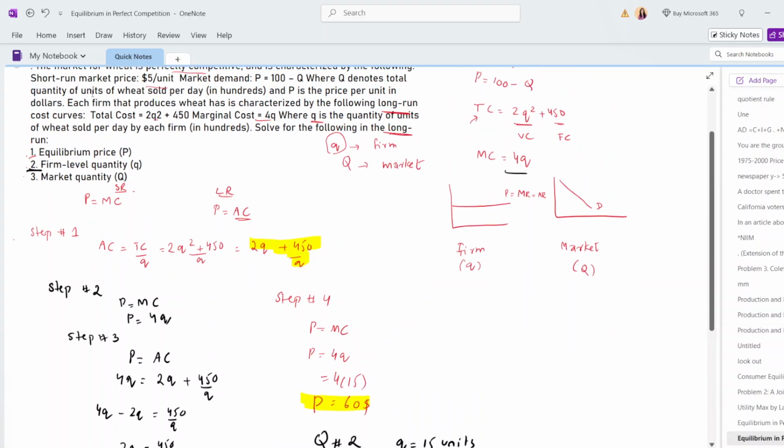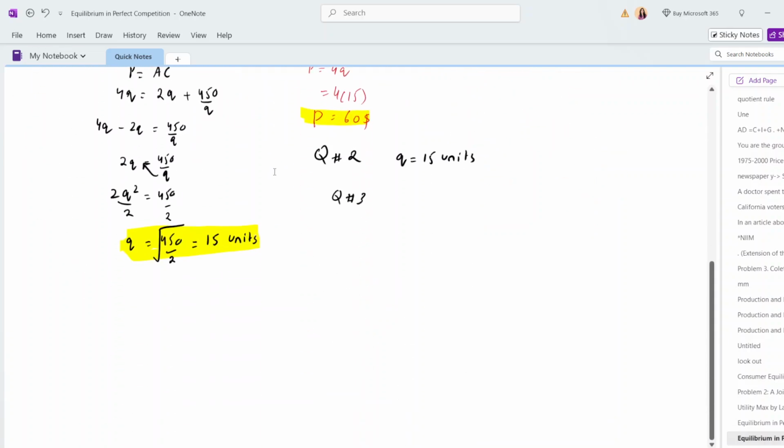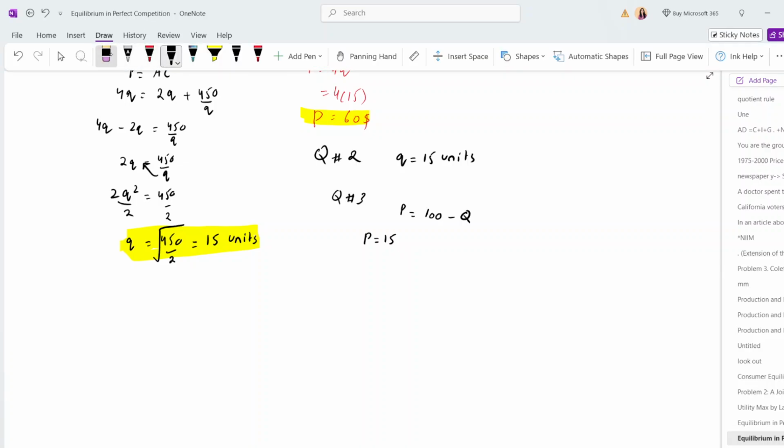Question 3 is, what is the market quantity? For market quantity, we're interested in finding capital Q from here. All right. I'm going to use that function over here. P is 100 minus capital Q. Now we already know that P will be 15. It's not 15, it's 60.